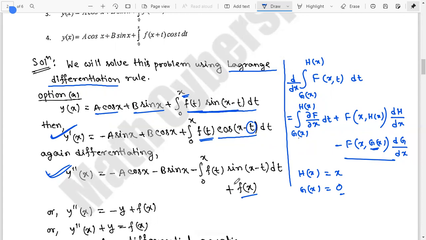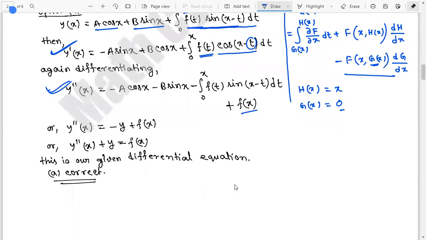So this portion, minus a cos x minus b sin x minus the integration from 0 to x of f(t) sin(x − t) dt, is nothing but our y(x). If we take the negative sign common from this portion, this will be minus y, and this is plus f(x). So it becomes y''(x) plus y is equal to f(x).